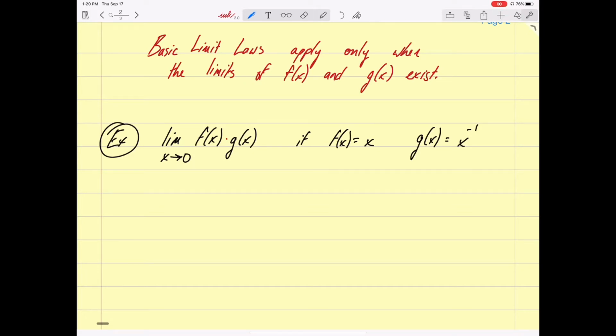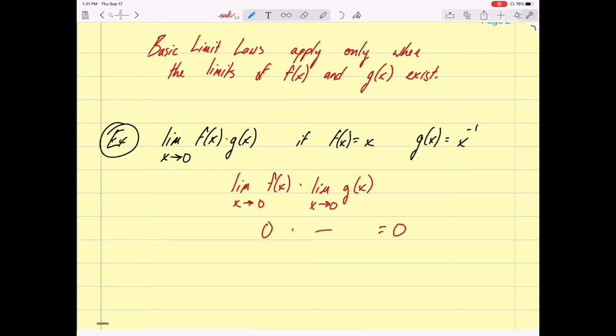Normally, this would be 0 because x is the function, and 0 times anything is going to be 0 normally.